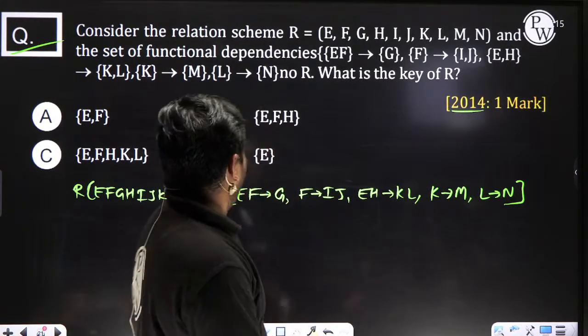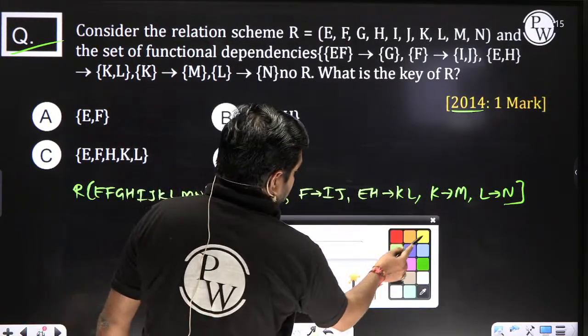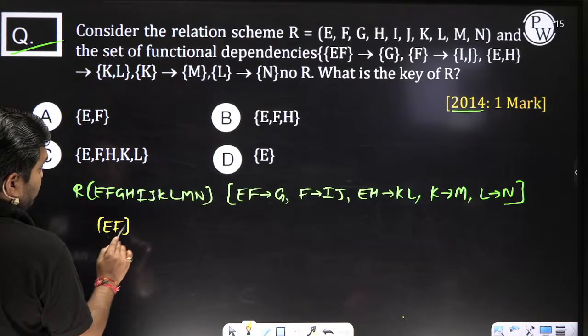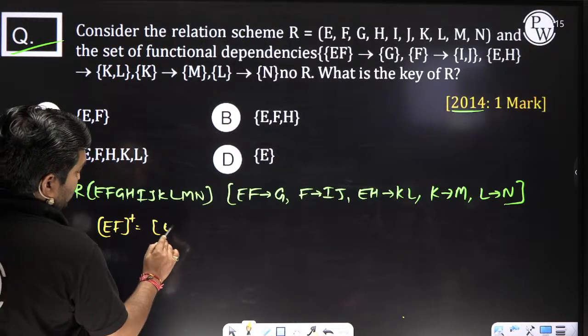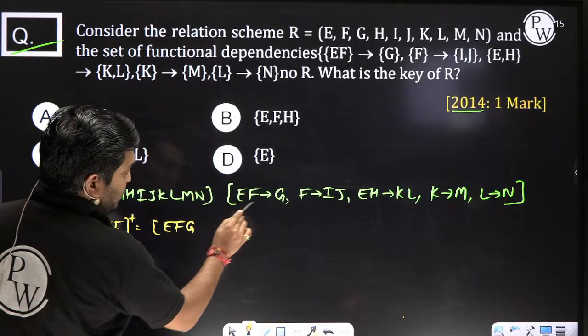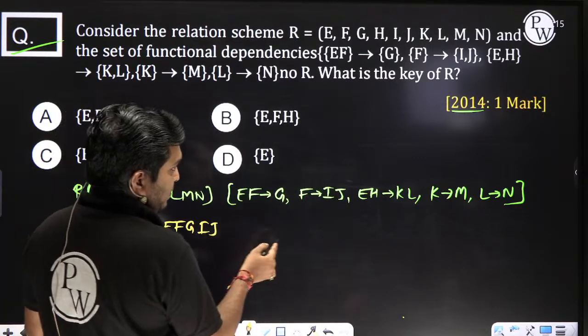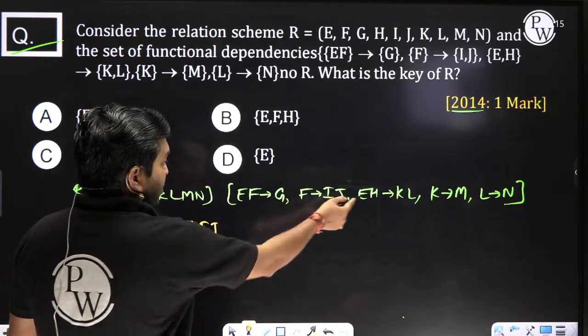Very good. When you take the closure of EF only, what happens? We are getting FG, F determines IJ, and nothing more, because we require H also.